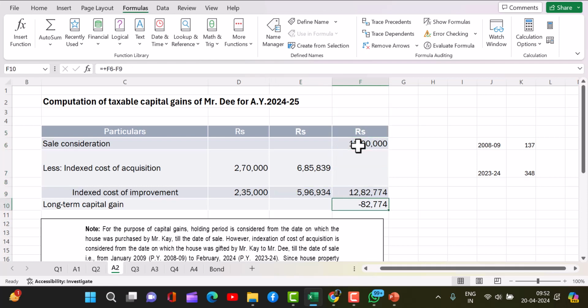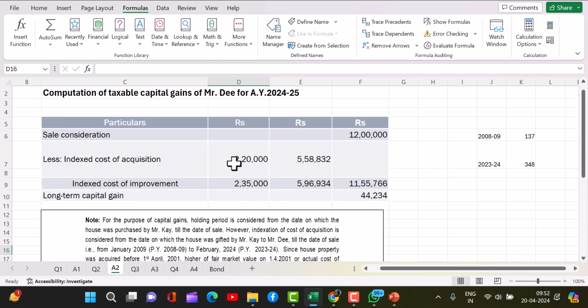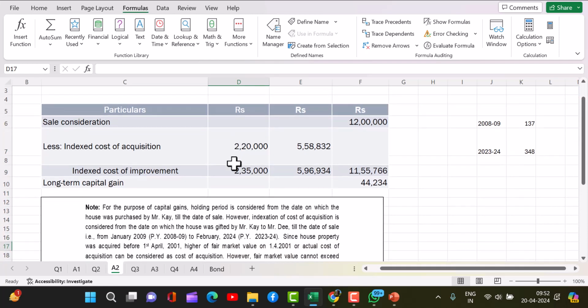But since we took the stamp duty value, that led to a capital gain for the assessee and he has to pay 20% tax on that. The department would always like that assessees should pay tax and always take the stamp duty value, because if it is lower, it is a benefit for the department, as they may make a case of taxation for the assessee. So the assessee has to pay some tax. Is this clear? Yes, sir.